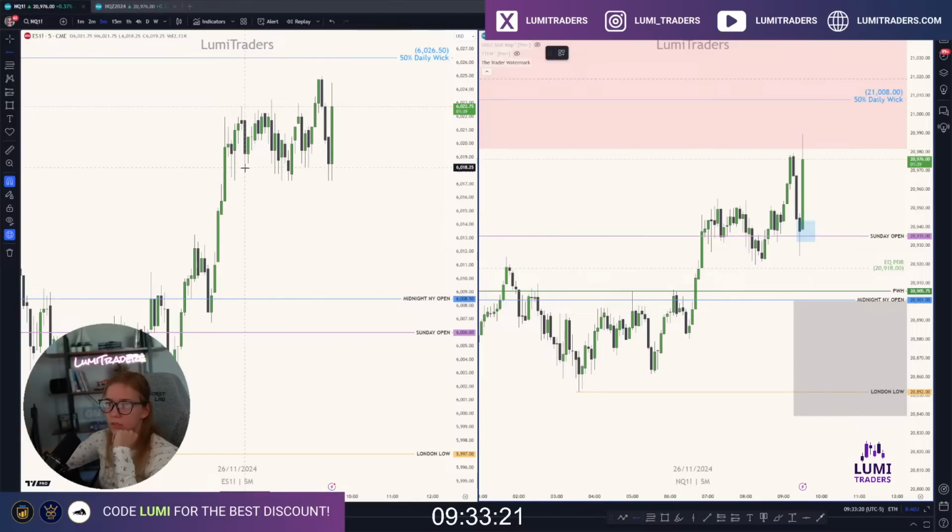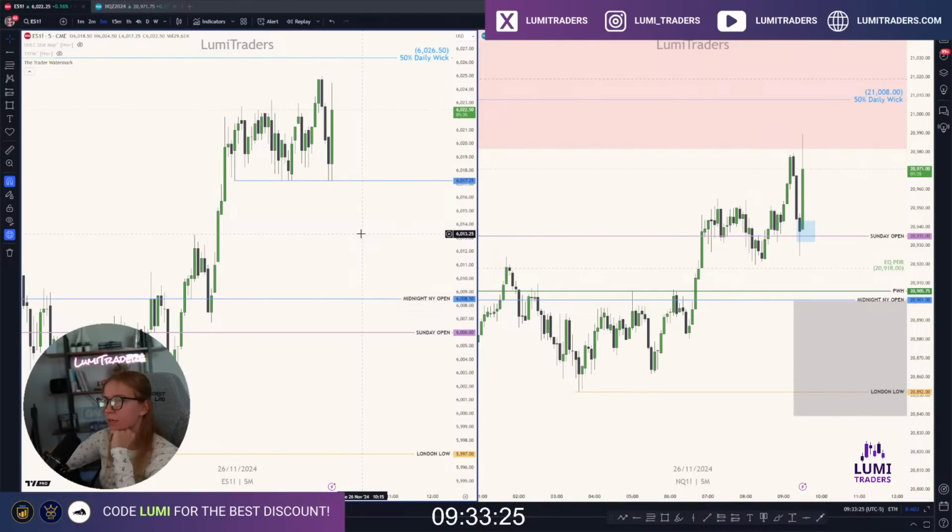But look at this. It's definitely equal lows. Like, no way ES wants to leave these levels. I would kind of like to see lower. Not going to be in a rush, just going to wait.